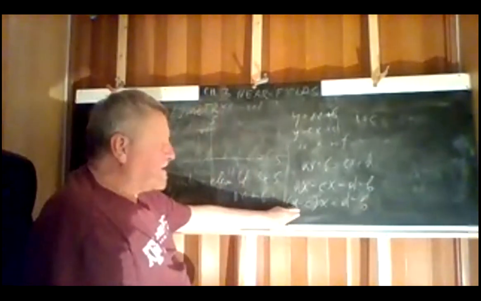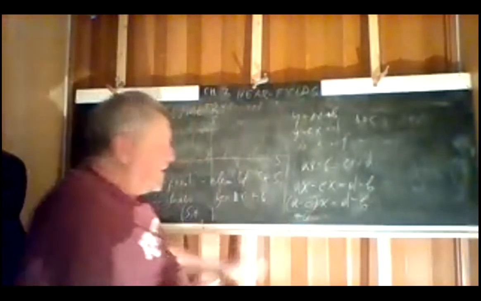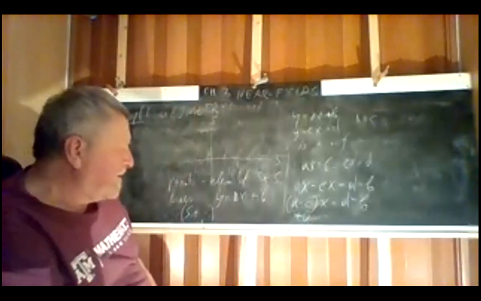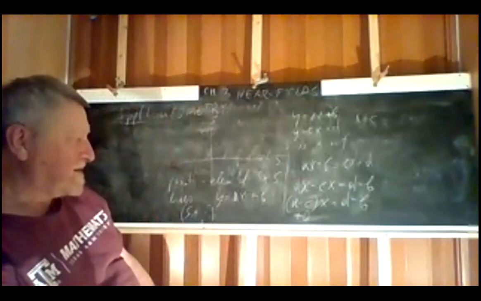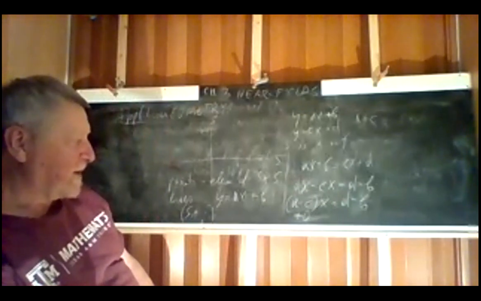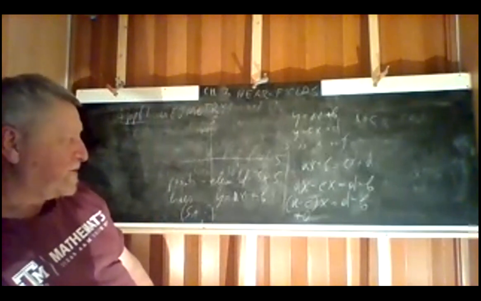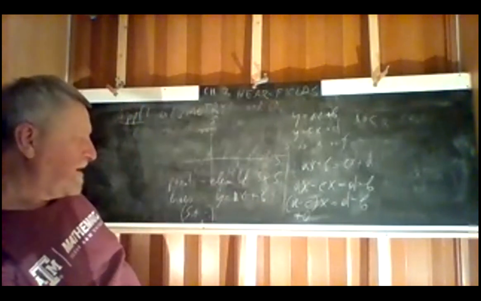And since a minus c is not the same as 0, you see if you are in a near field, you can determine x uniquely, and you have a unique solution for x, and then you have a unique solution for y.